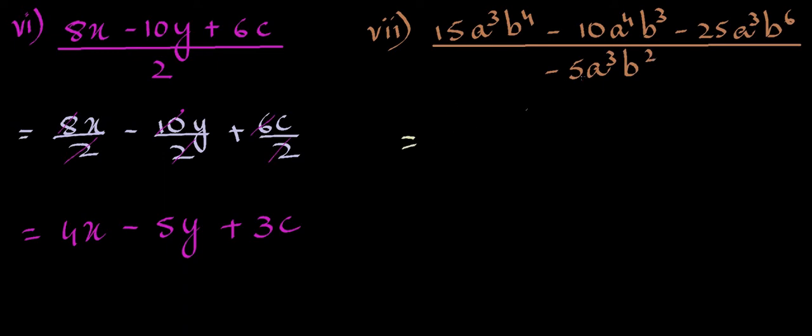Again, this minus 5a cube b square is dividing each of the numerator terms individually.